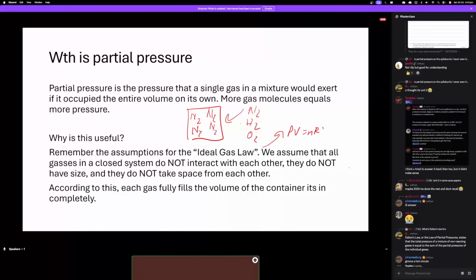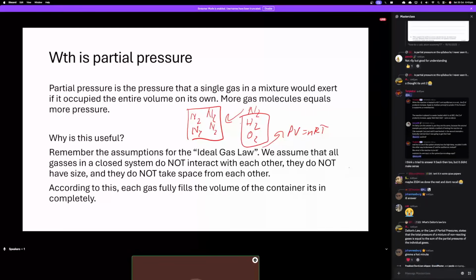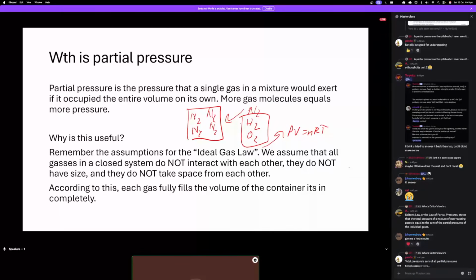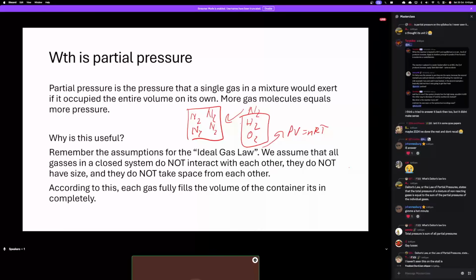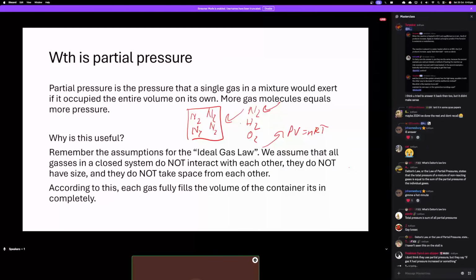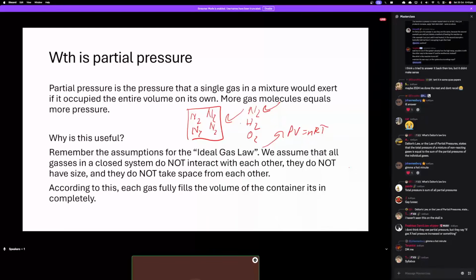If we're going to talk about pressure, we really just have to think about the partial pressure of N2 as if it was just N2. H2 and O2 are insignificant. They don't take up space, they don't exist, in theory. The partial pressure is just for this N2. That's a really important distinction, and let's think about why.